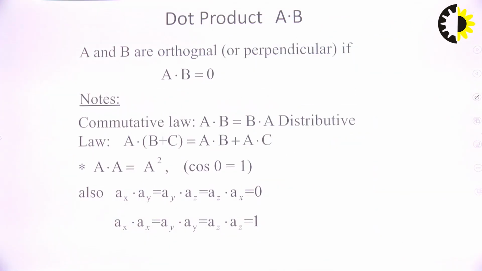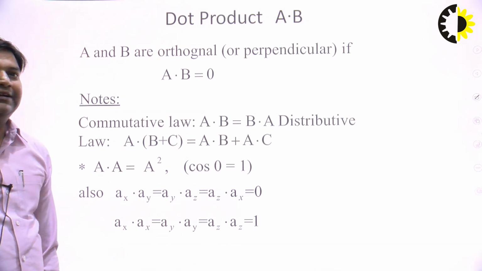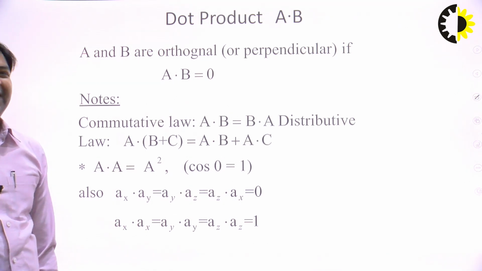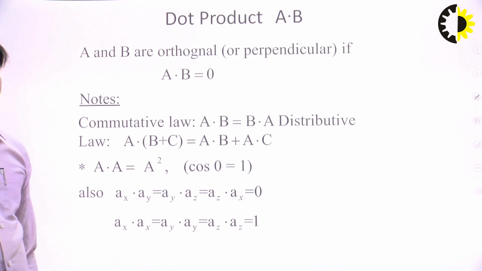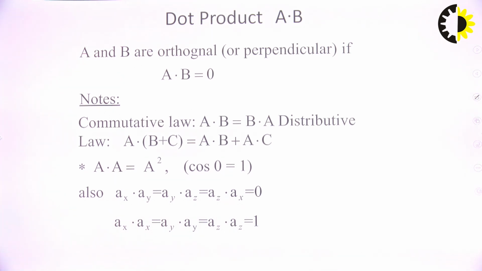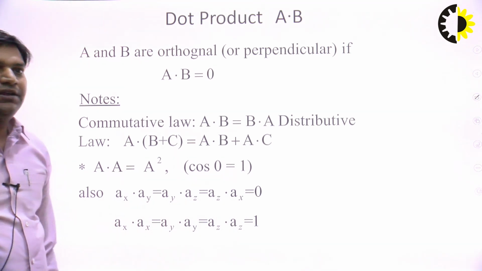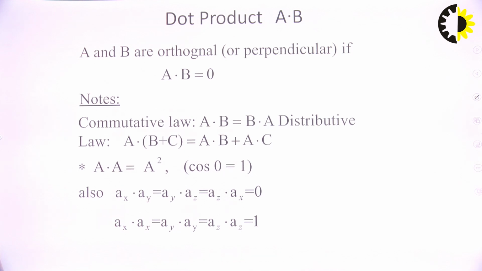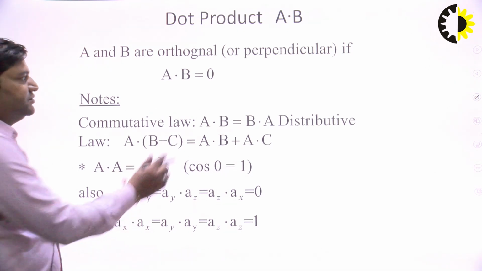So, a and b are orthogonal. If we have to prove that two vectors are perpendicular or orthogonal to each other, then the dot product of those two vectors should be 0. Why?